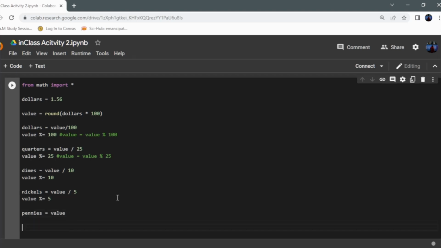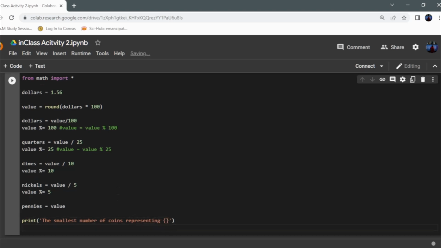Alright, now we go to our print statement. Print the smallest number of coins representing. You need to put the curly braces here so that we can put another statement, format, put the dollars, and then print. This is gonna be a long print, so bear with it.